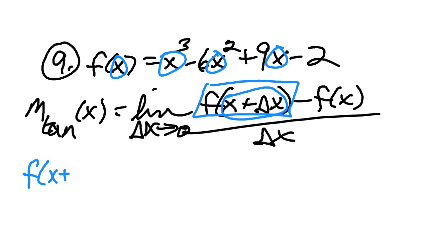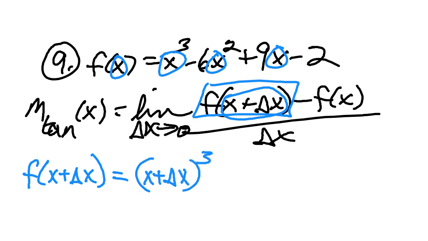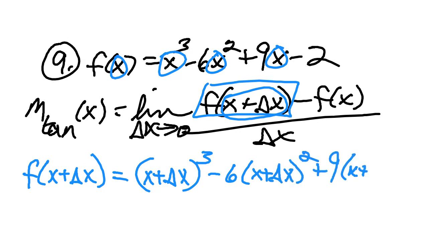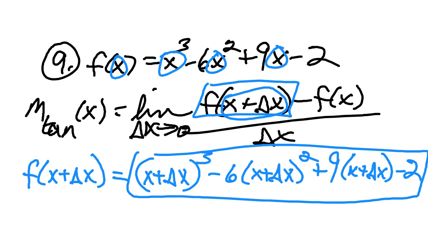So I'll just look at this part. It's f of x plus delta x, which would be x plus delta x quantity cubed minus 6 times x plus delta x quantity squared plus 9 times x plus delta x, and then minus 2. And that is what's in the box here for the f of x plus delta x. Of course, this is a lot.